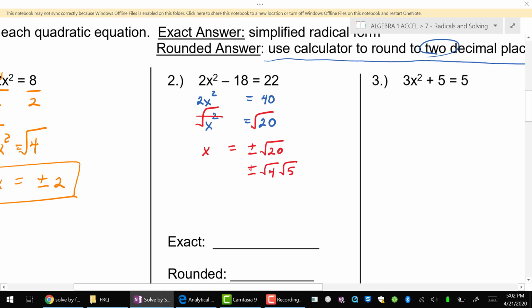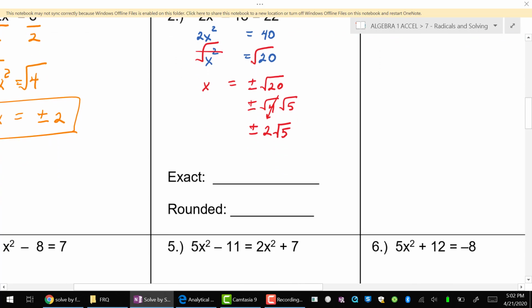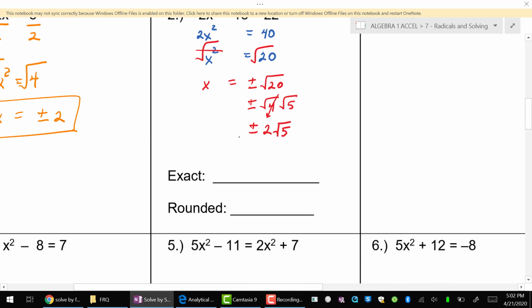I'm searching for the largest perfect square factor in that number 20. And root 4 becomes regular 2. So plus or minus 2 times the square root of 5 is my exact solution for x. And again, it's two answers, positive 2 root 5 and negative 2 root 5.